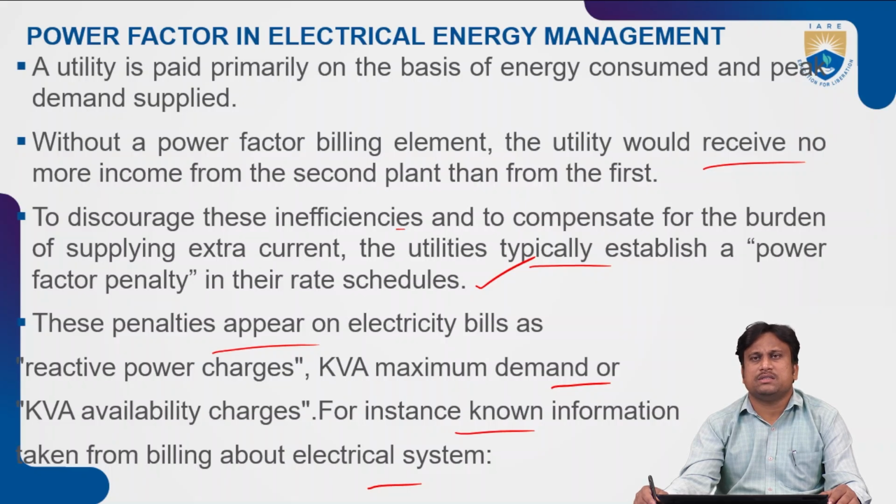This should be considered according to the kVA maximum demand with respect to the kVA availability charges. When the information is taken from the billing authorities, it should be charged accordingly.